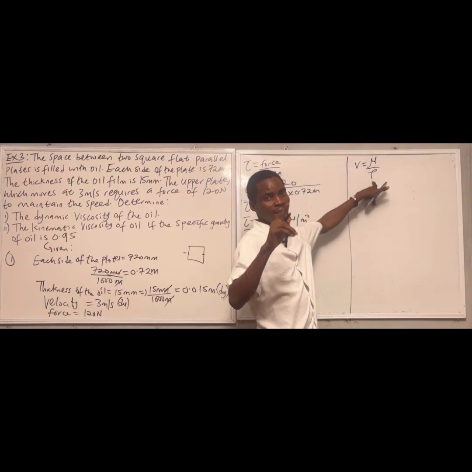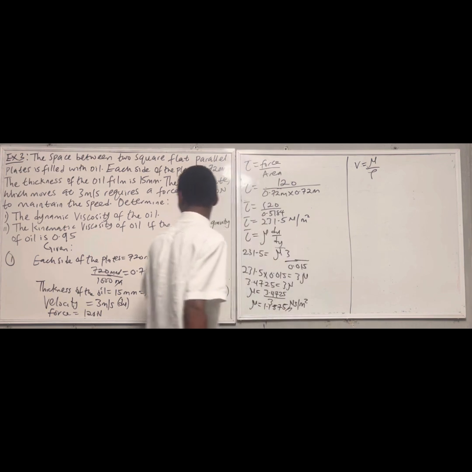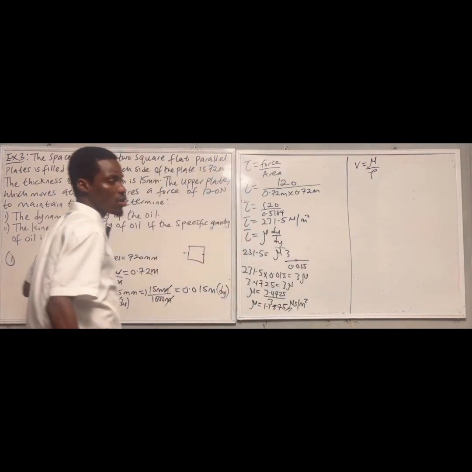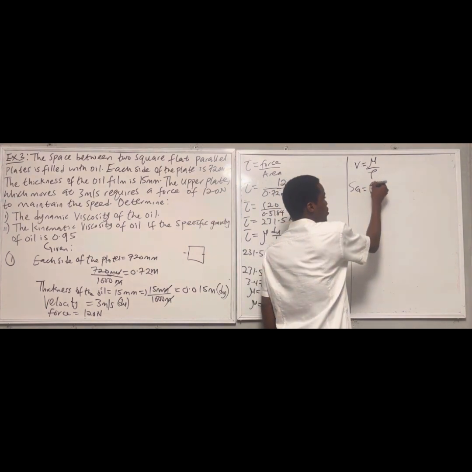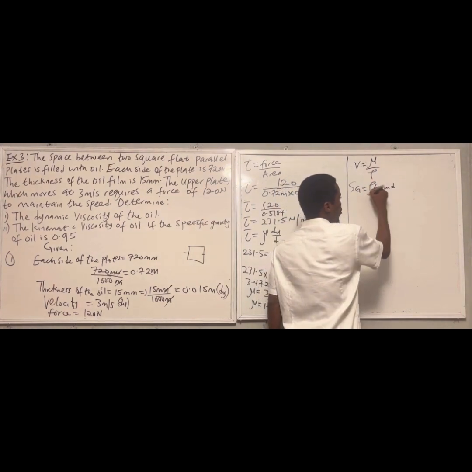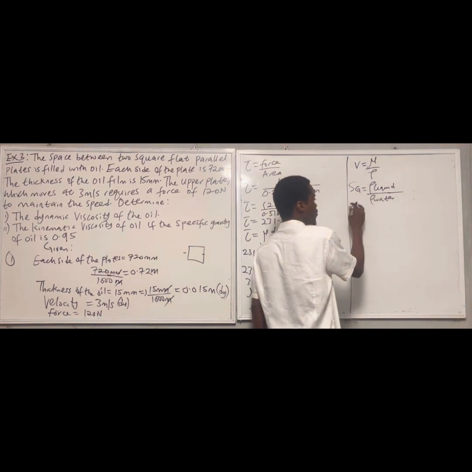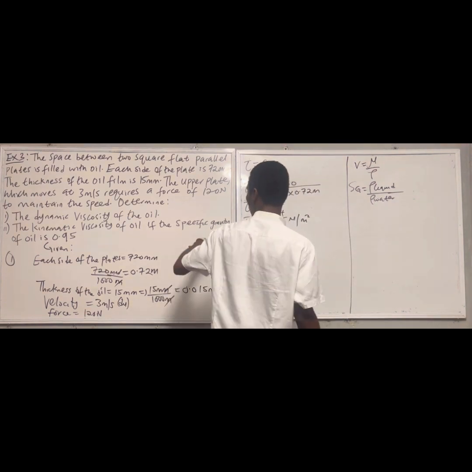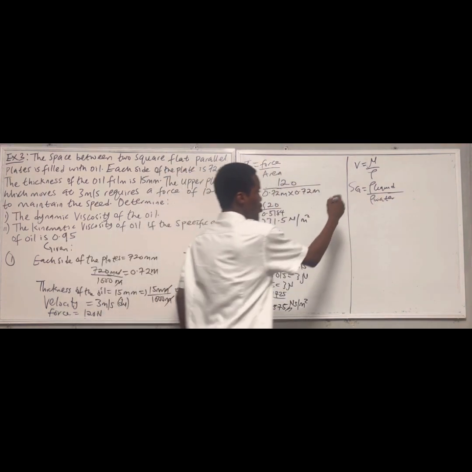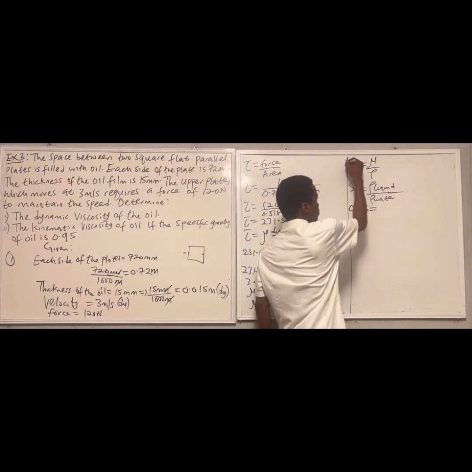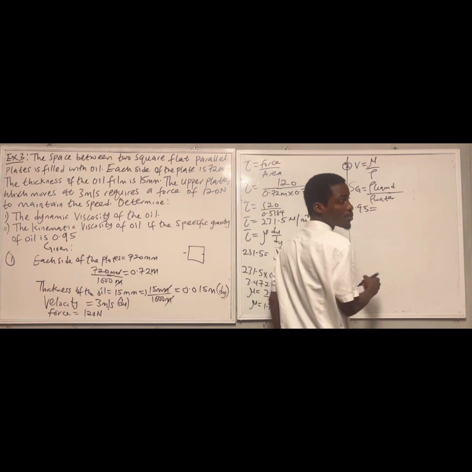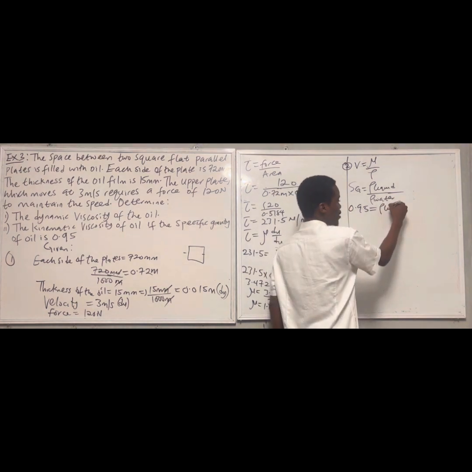Remember that we have been given the specific gravity as 0.95. According to the specific gravity formula, specific gravity is the density of a liquid over the density of water. So 0.95 is equal to the density of the liquid over water.